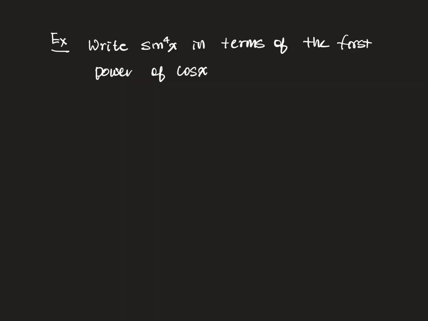Here, look at the power, the power is 4. They want a first power, no power of cosine. That's where we're going to reduce the power, right here, guys. So what are you going to do here?